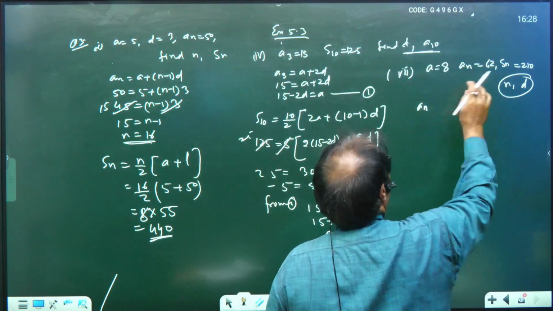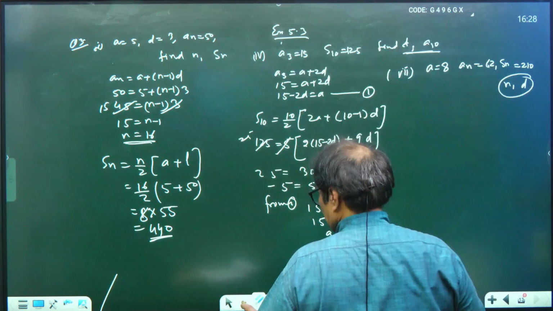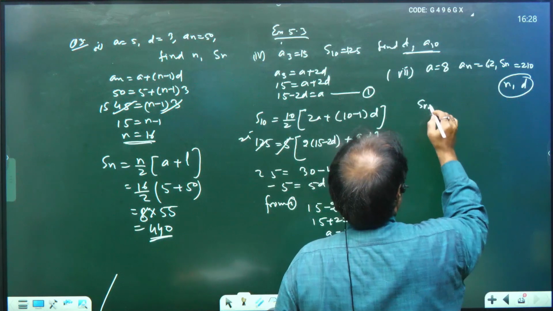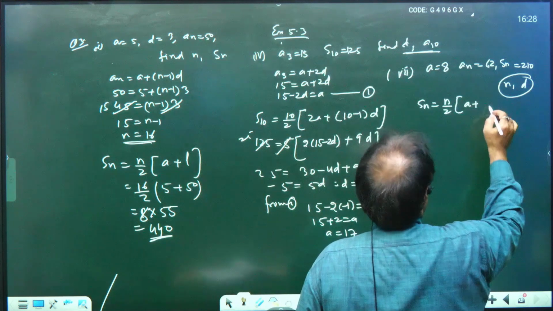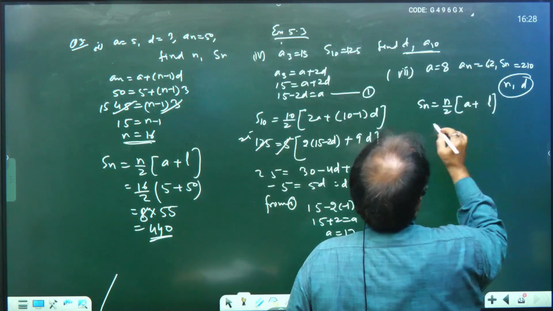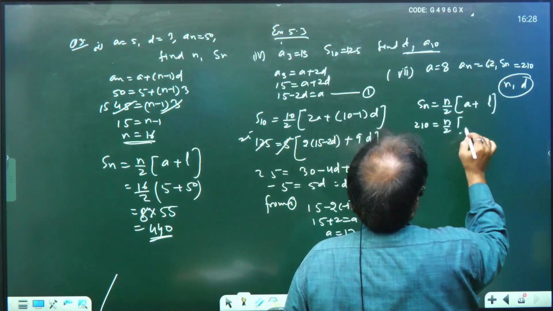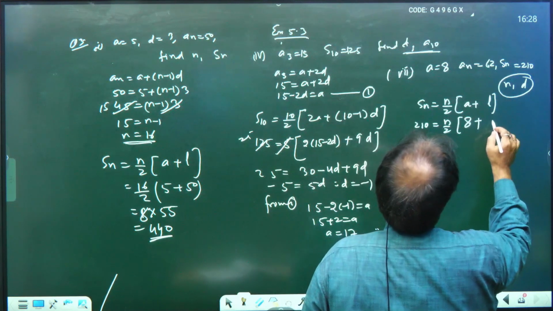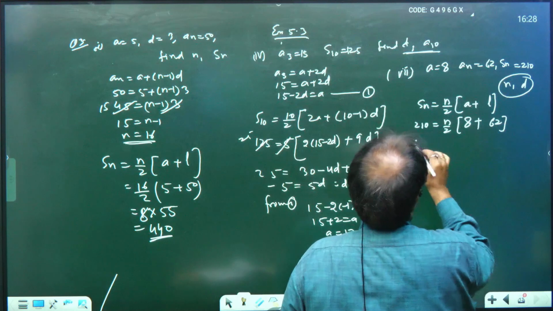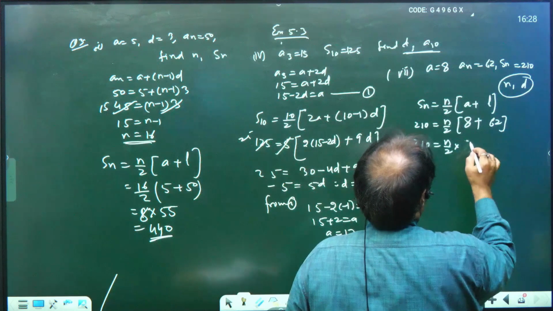Okay, so you may start from here. Since Sn is equal to n by 2 into a plus an term or L term, Sn is given 210, n by 2, a is given 8, and L is given 62. So 210 is equal to n by 2 into 70.